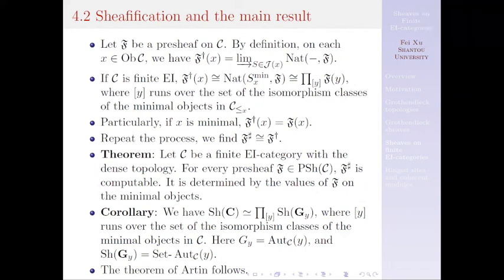Any other questions? Yeah, I have a question. Hi, Radha. Hi, Fei. My question is just very random, about the corollary. You have this decomposition in terms of the automorphism groups of the minimal objects.